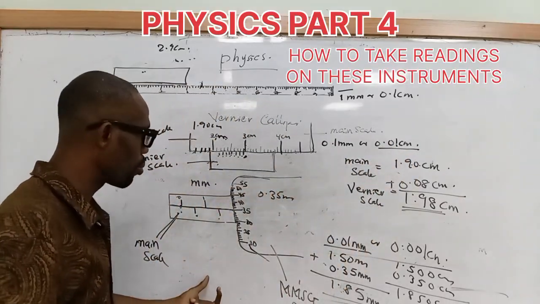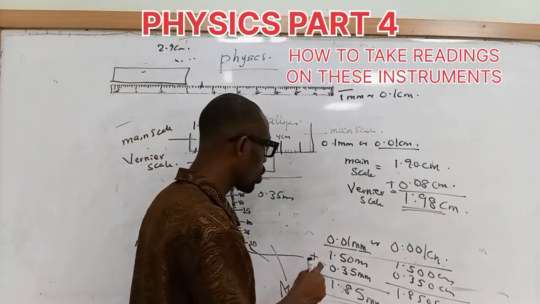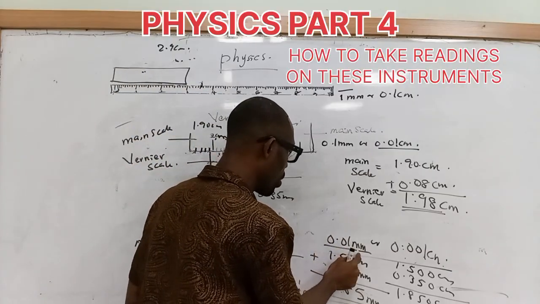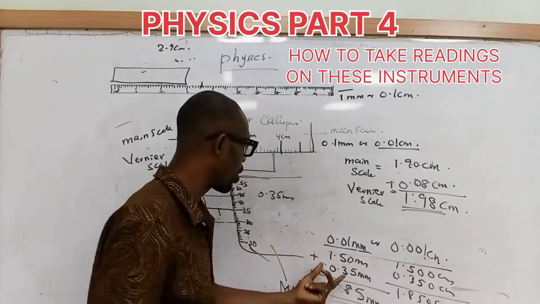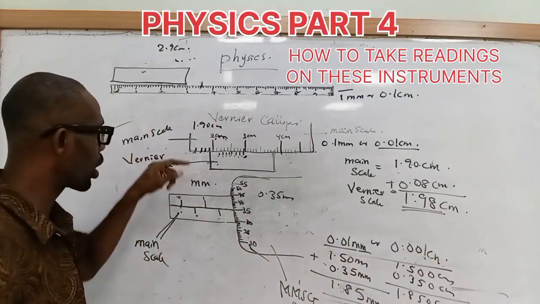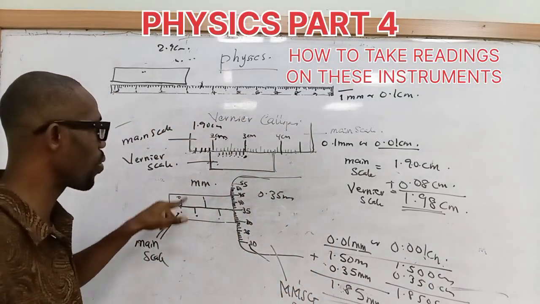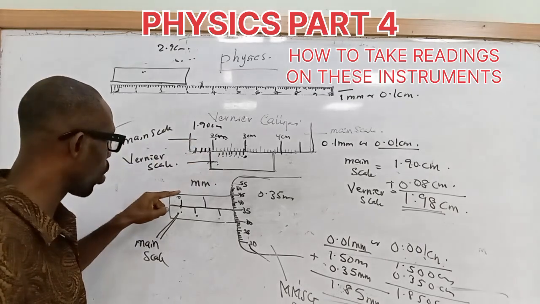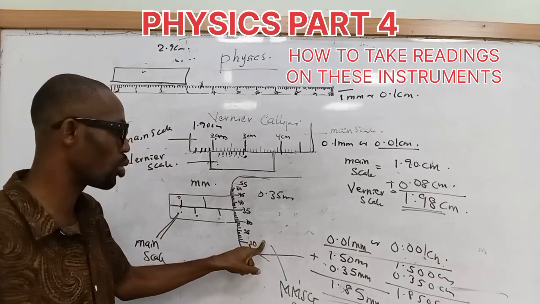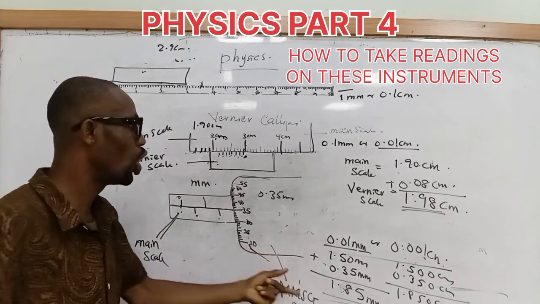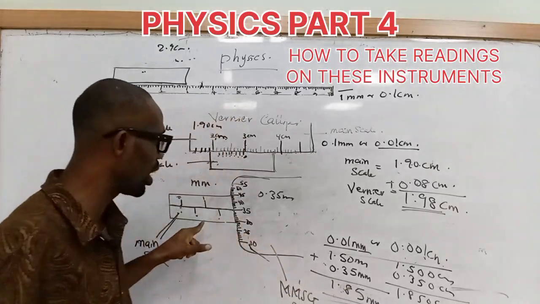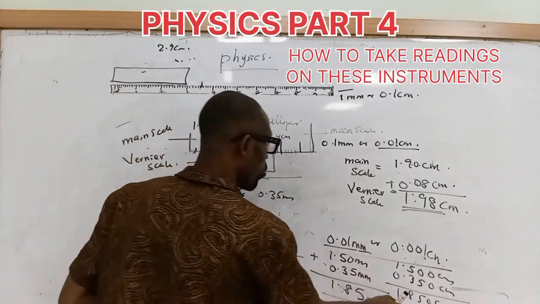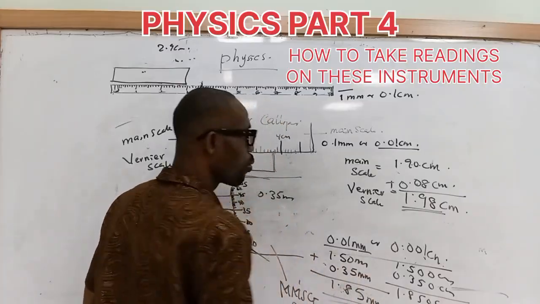And for the micrometer screw gauge, the smallest division is 0.01 millimeter or 0.001 centimeter. When you're taking your reading, you add the main scale to the vernier scale, or you add the main scale to the micrometer screw gauge scale to give you your final answer. Represent it in whatever unit you see the scale in. If it's in centimeter, you follow suit. If it's in millimeter, you follow suit.